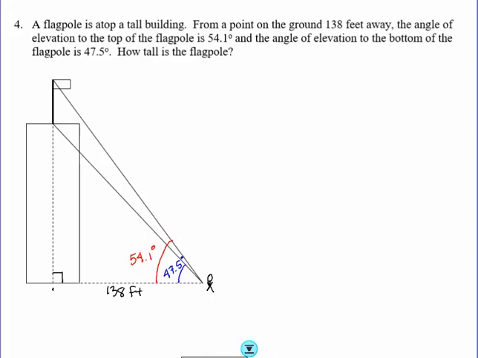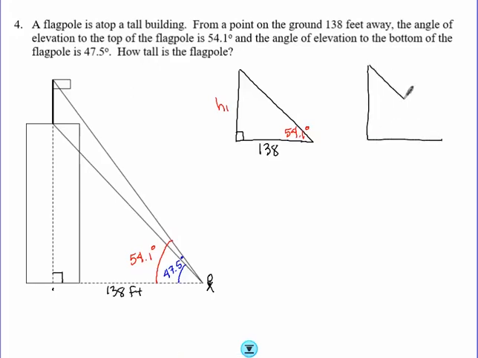So let me break them out. This is 54.1 degrees, and then I need to find the first height. Then I have a second triangle where the angle is 47.5 degrees, and I need to find the second height.